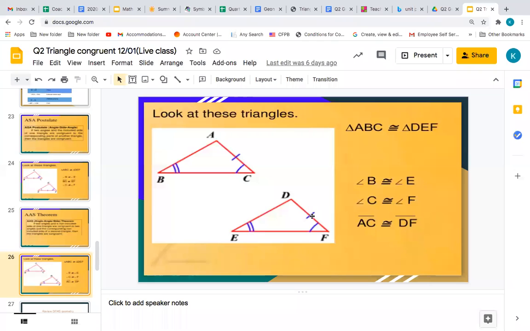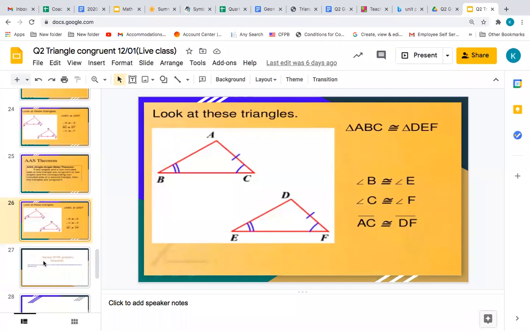See, this side comes with this angle, which is 1 bar over here. Same here, this angle and this side. Then these two triangles are congruent. All right. So now you know 4 of them.